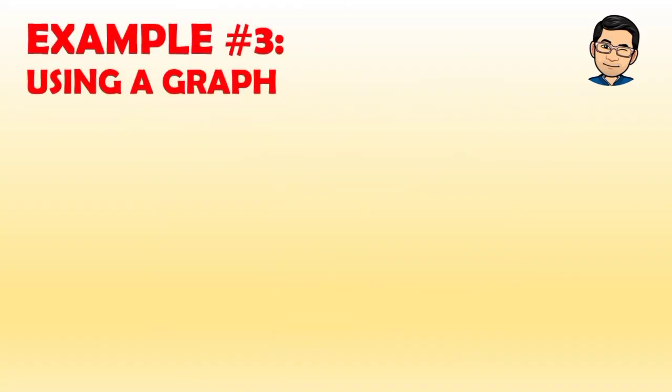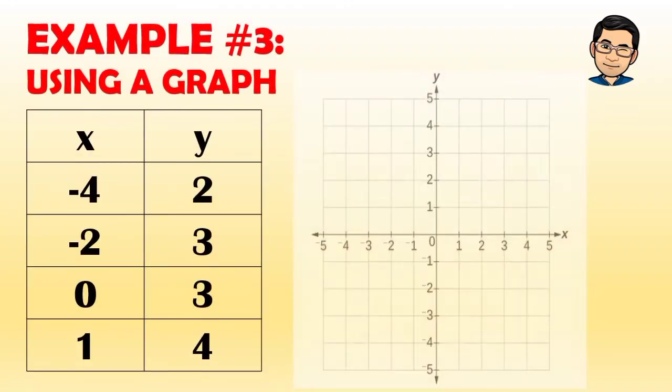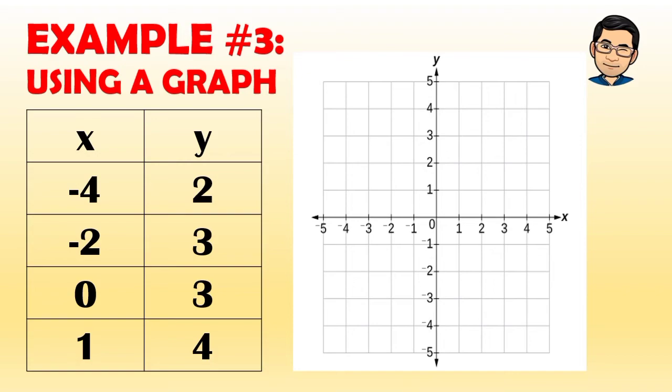So, using a graph, siguro naman familiar na kayo sa pagpa-plot ng points. Again, nauuna muna yung x and then y. So, let's have negative 4, 2. Halimbawa, ito ang negative 4, and then, ito naman yung 2. So, do you think, ito ba ang pwesto ng negative 4, 2?